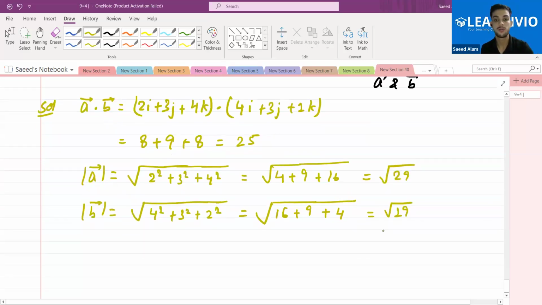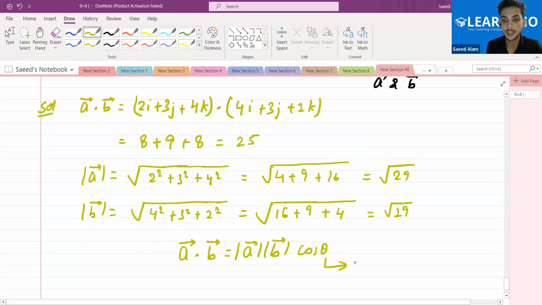So what we already know is that the dot product of the two vectors, that is a dot b, gives us the magnitude of a into the magnitude of b into cos of theta. What is this theta actually? Theta is the angle between the vectors a and b.